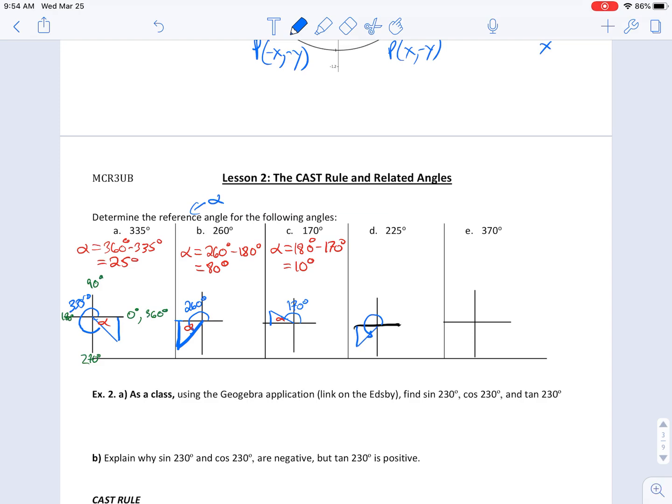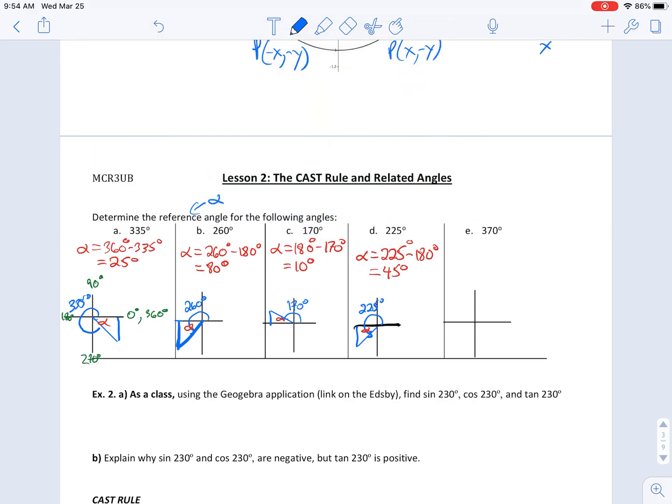If not, that's okay, you will eventually. Being able to draw these is really important. So 225 minus 180, always referencing 180, never use 270. So this one's going to be the difference of 45 degrees, which is one of our special angles.